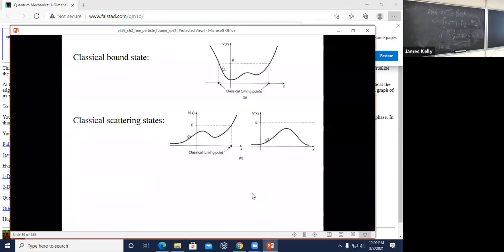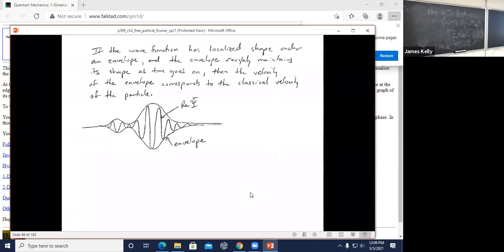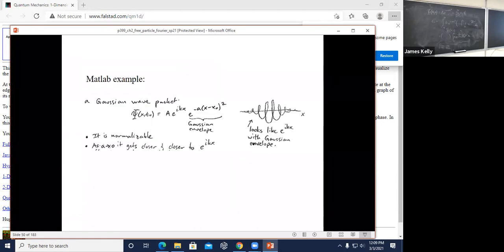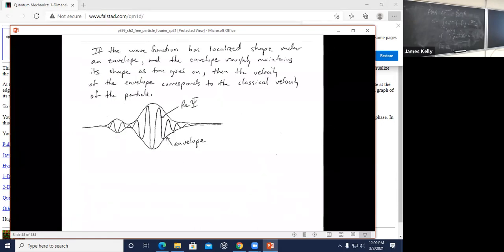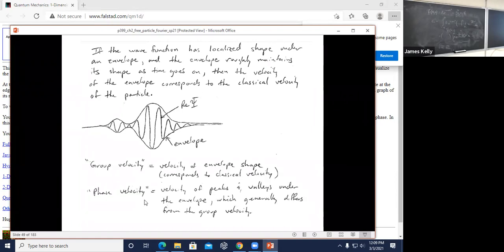Let's see. I have to back way up here. I think this is where I wanted to start out. Just to remind ourselves where we were before, we were talking about group velocity and phase velocity, and I have a worksheet I wanted to work on.